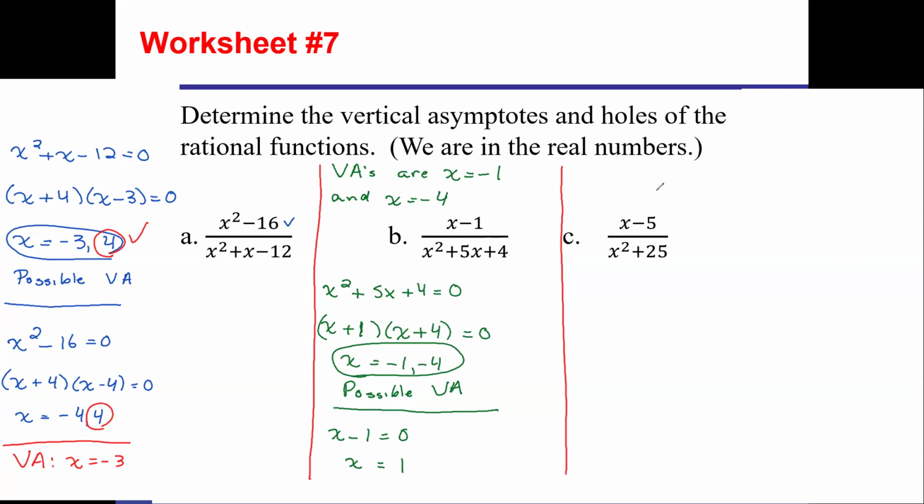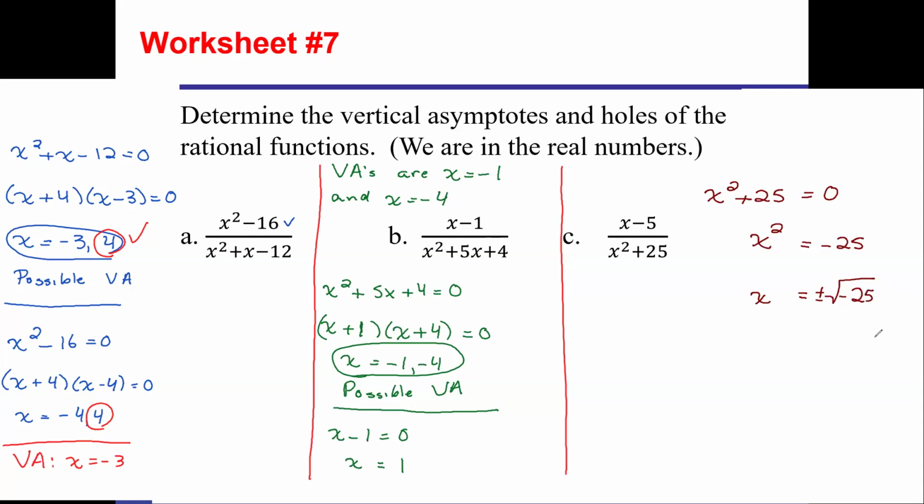And then for this very last one, if we look at the denominator, we got x squared plus 25. So we're looking for zeros that are going to be real numbers, just to point that out right now. So x squared equals negative 25. Well, if you remember, this is a sum of squares. In the real numbers, I don't have a solution to this one because I'd have to do a square root of negative 25.